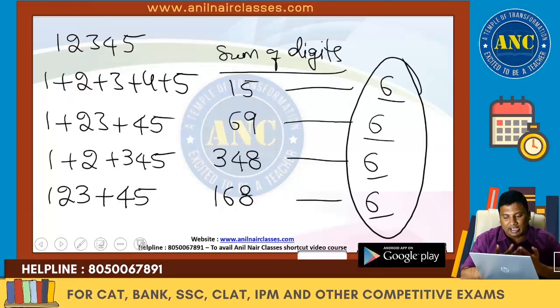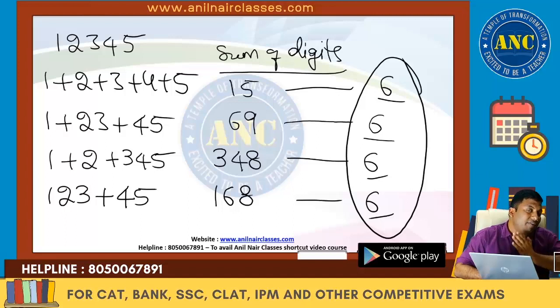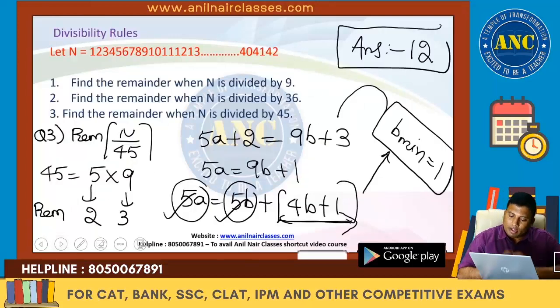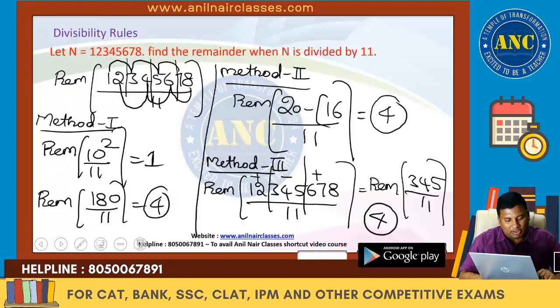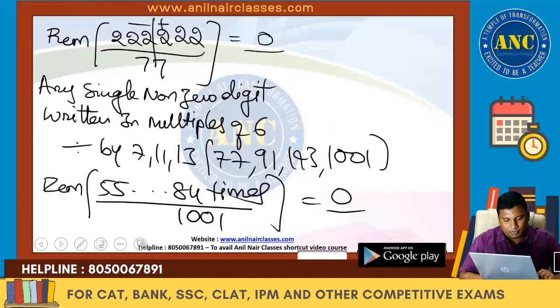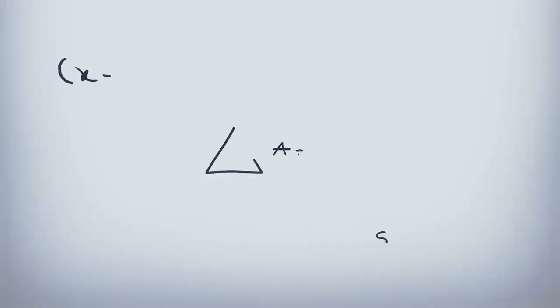Then we discussed a very important concept: instead of taking single digits, you take them in doublet, triplet format, and the resultant digital sum does not change. 9, 36, 45. 36 is 4 into 9, 45 is 5 into 9. Divisibility rule for 11: method 1, method 2, method 3.